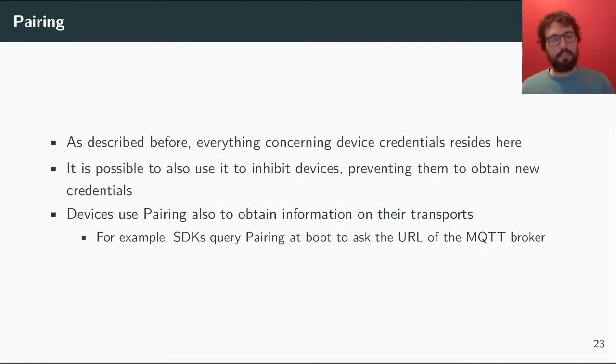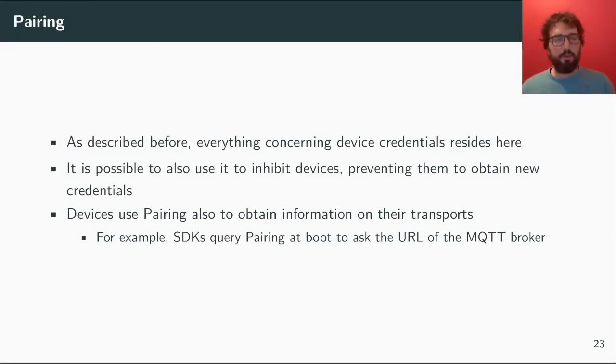So devices use it not only to obtain the credentials, but also to obtain information on their transport. For example, the default transport and the default SDK query the pairing API at boot to ask the URL of the MQTT broker. So you can also change the URL of the MQTT broker, and the devices in the field will just accept the new one because they always ask for the broker URL.